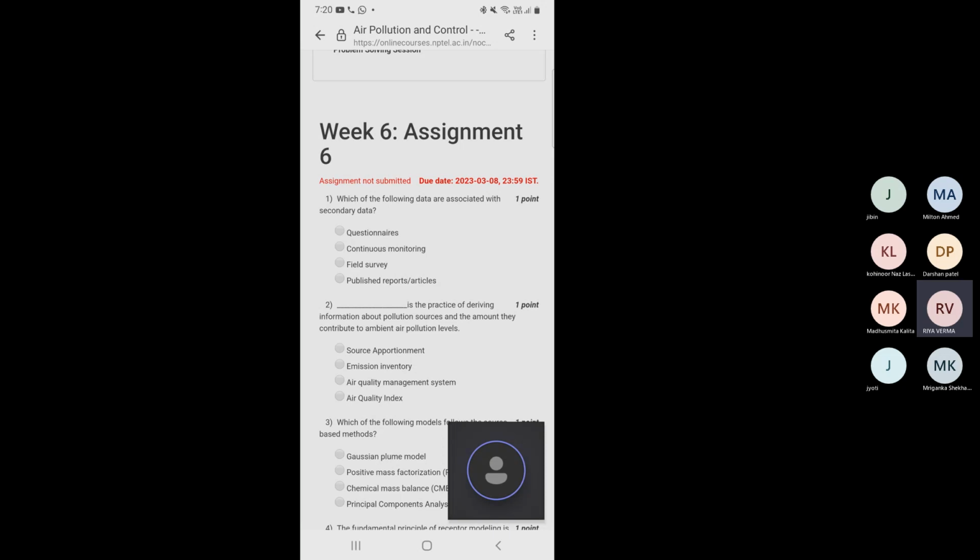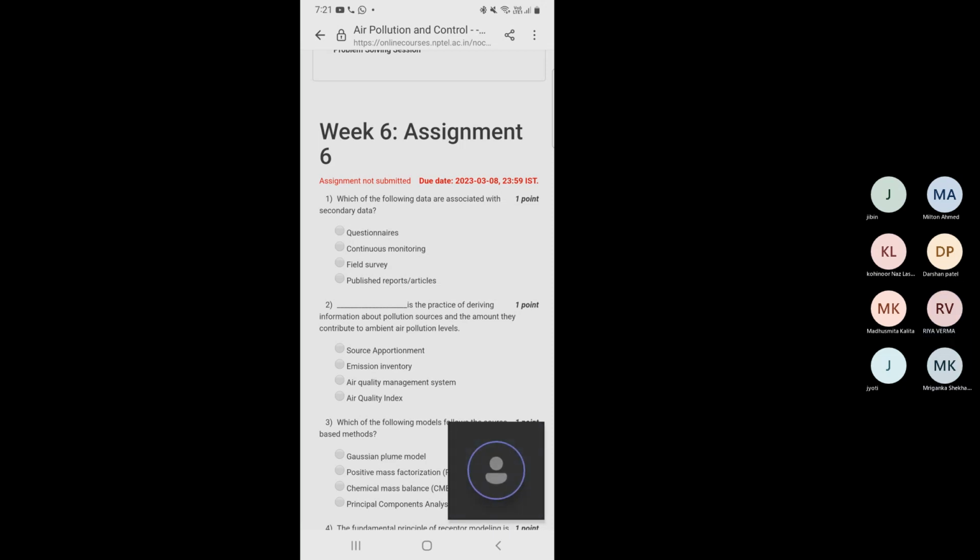Primary data is first-hand information that we collect on our own, and secondary data is derived data based on the results obtained in your primary data. For example, questionnaires will be your primary data, continuous monitoring is also primary, and field surveys are also primary. Published reports and articles will be your secondary data.